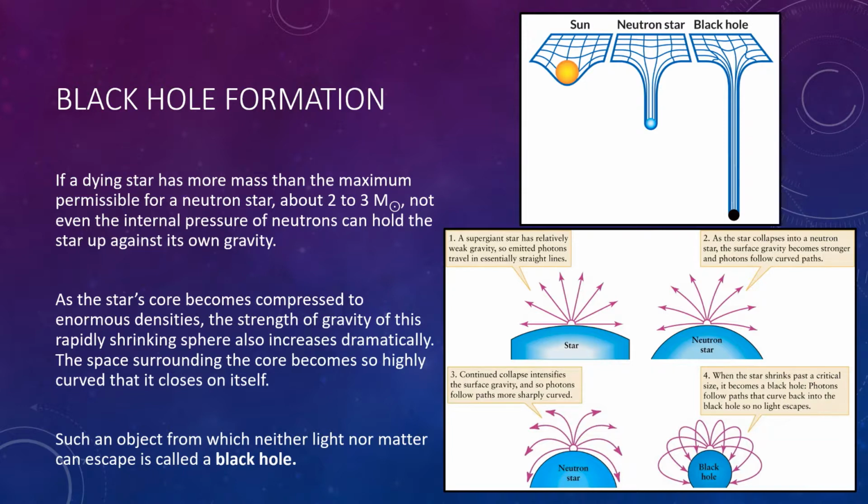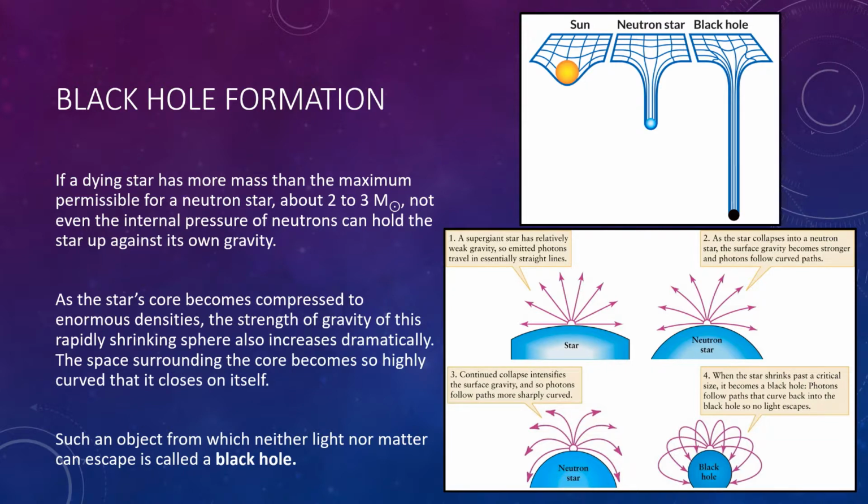But if the dying star has more mass than the maximum permissible mass of a neutron star, about, say, 2 to 3 solar masses, not even the internal pressure of neutrons can hold the star up against its own gravity. The core will collapse without end, crushing itself out of existence and forming perhaps the most bizarre type of object in the universe, a black hole.